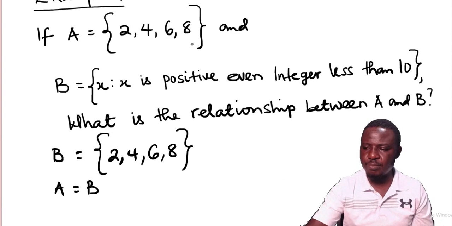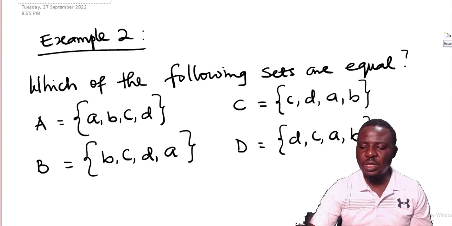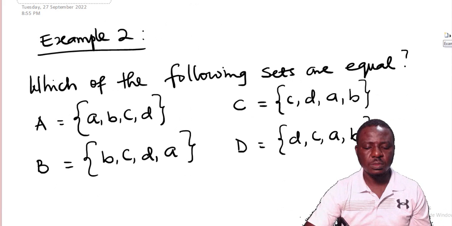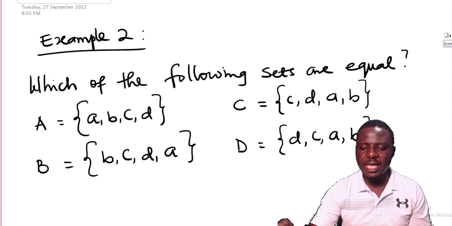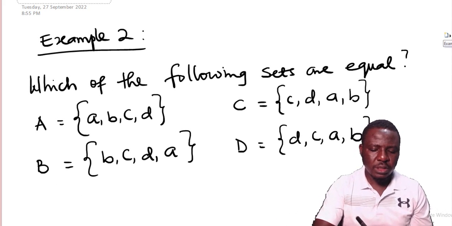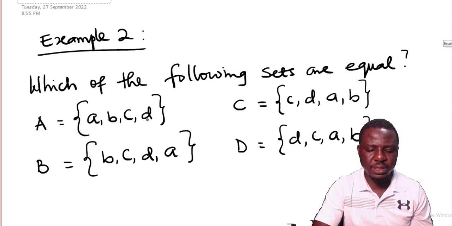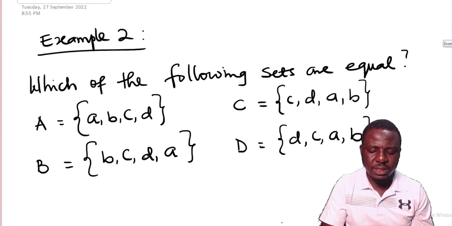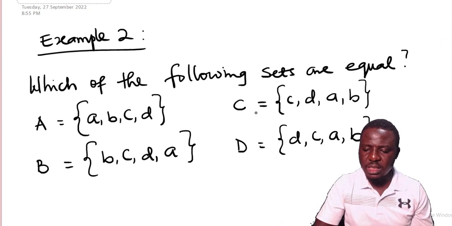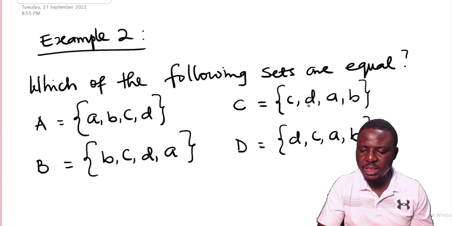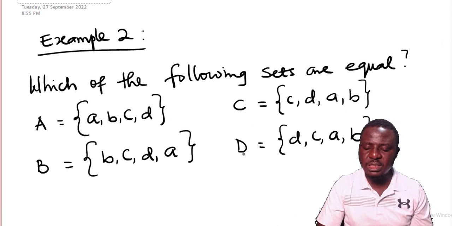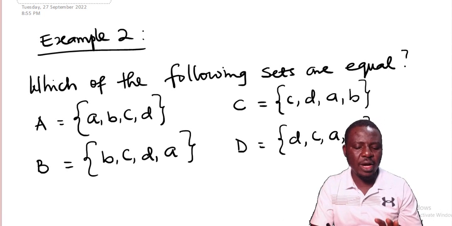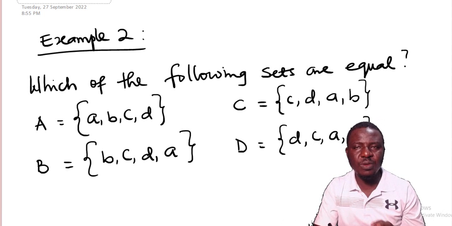Example 2 says, which of the following sets are equal? Set A has elements A, B, C, D. Set B has elements B, C, D, A. Set C has elements C, D, A, B. And set D has elements D, C, A, B. Looking at all of them, you will agree with me that the cardinality is 4.